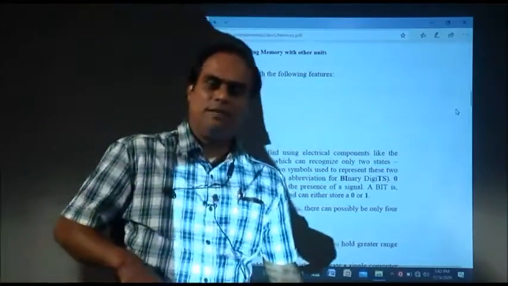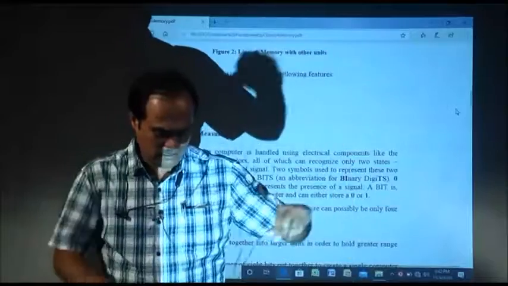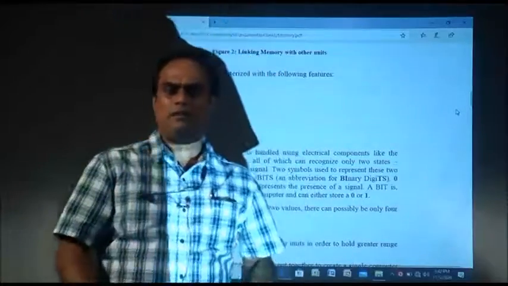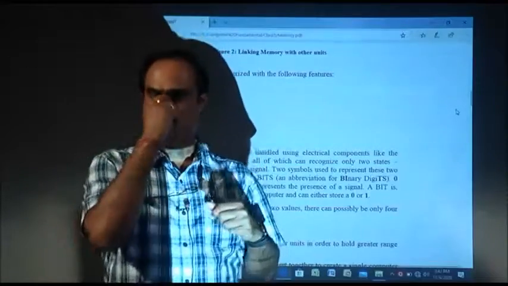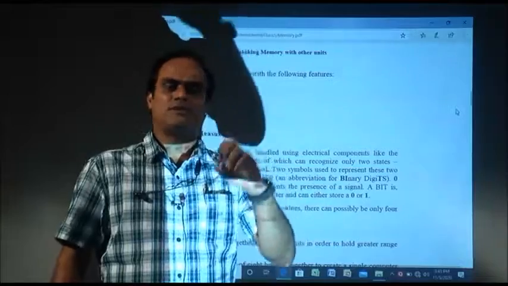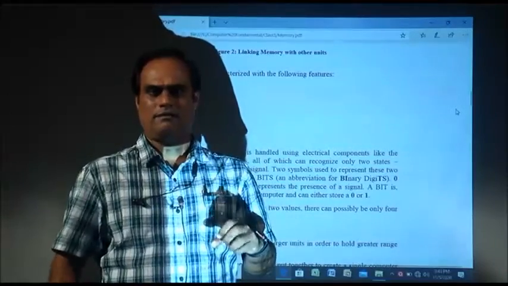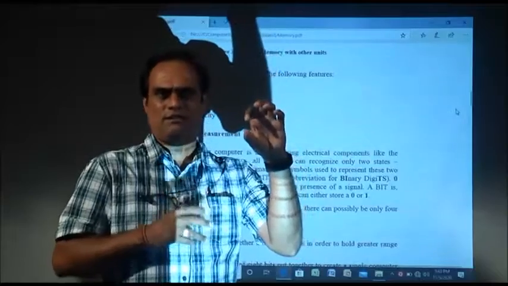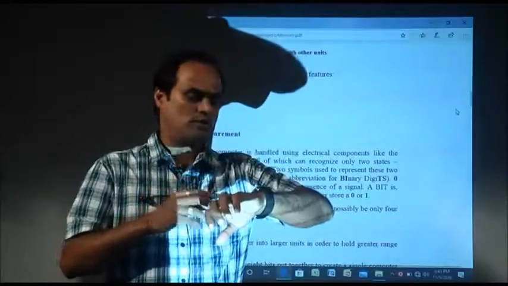If you are using the memory, definitely it has units, because when we are thinking about measurement, yes or no. For each one we are calculating how much it can store.